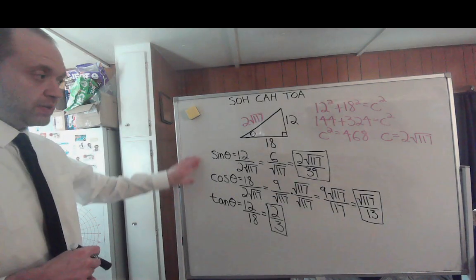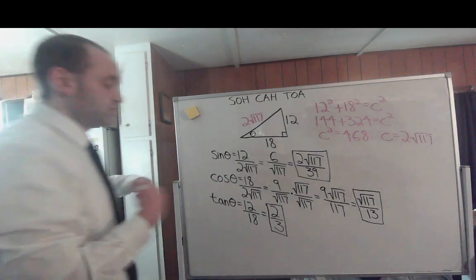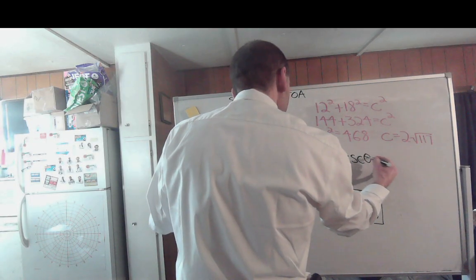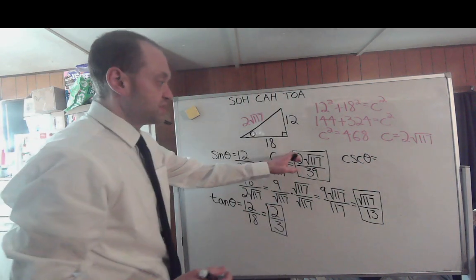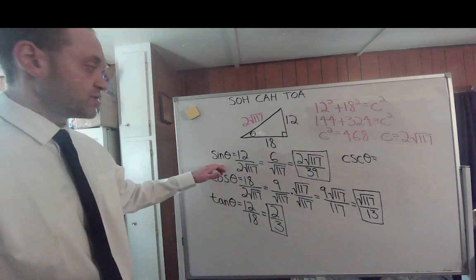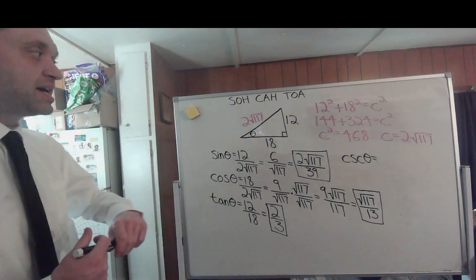Now, from here we can find our reciprocal functions. The reciprocal of sine is cosecant. In this case, it might not be as easy to take the reciprocal. We also know that the cosecant, since it's the reciprocal of sine, is the hypotenuse over the opposite side.